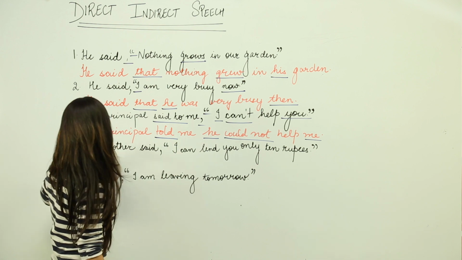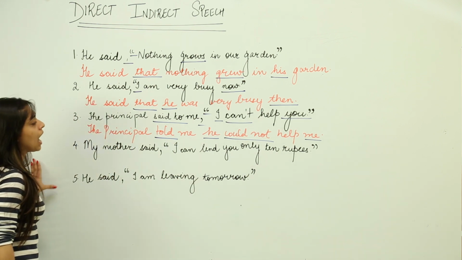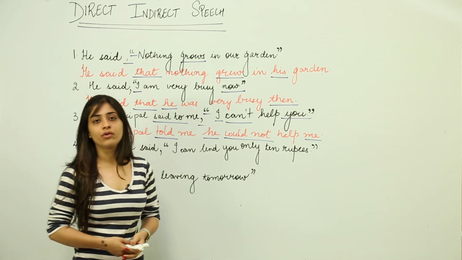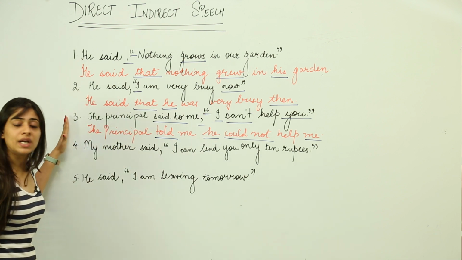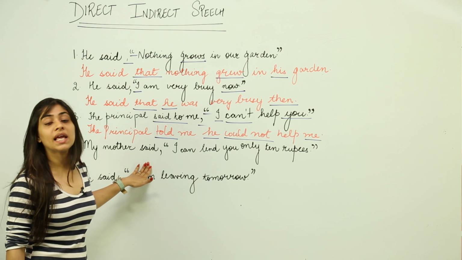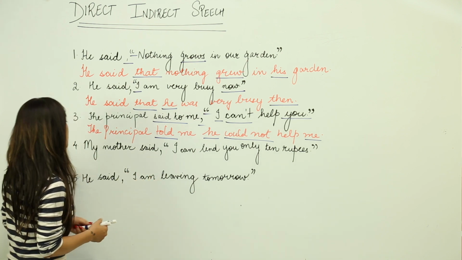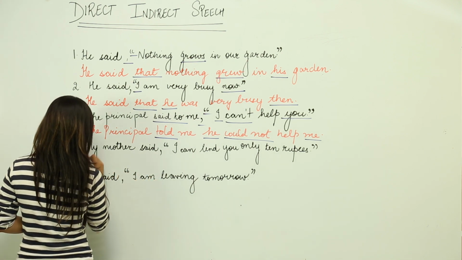Now let's see the next sentence. My mother said, I can lend you only 10 rupees. Now, if you've understood the concept of the last three sentences, this becomes really easy for you to understand and convert. Let's convert this.